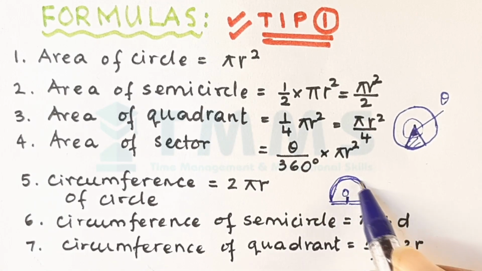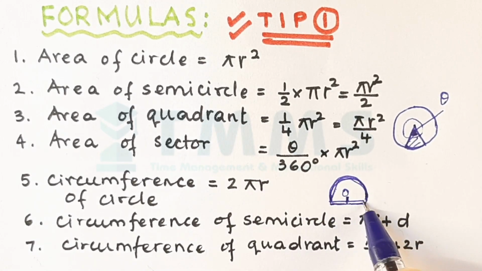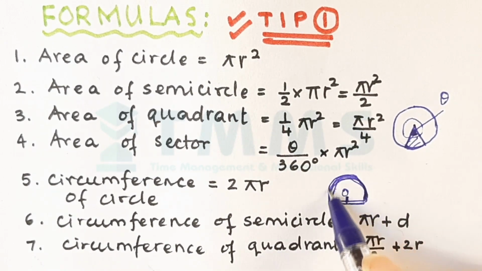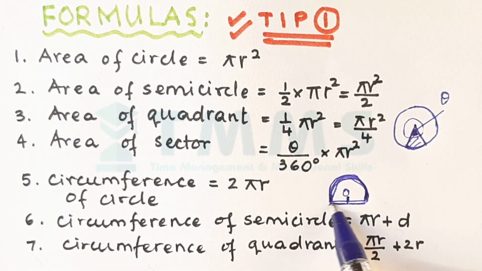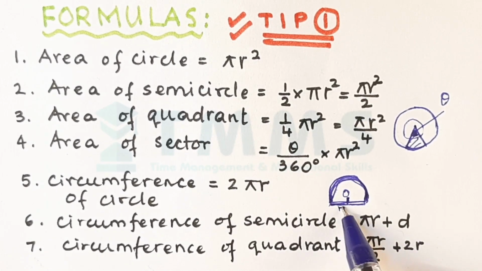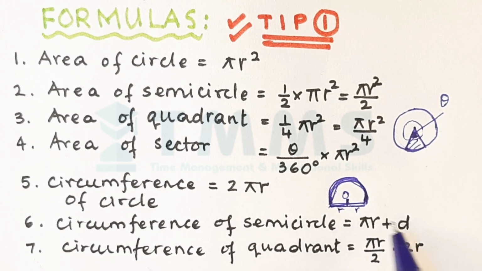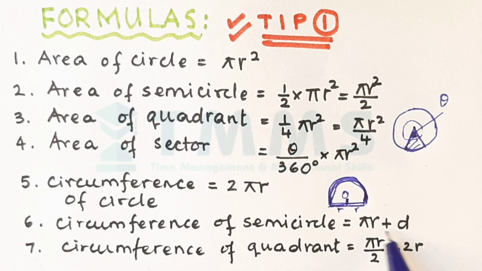So if we go right round like so and like so, come back. So we travel the arc of the semicircle and plus this boundary, this is r, and r means it is diameter, and so we say it is pi r plus d. Now even if you don't remember this formula, it's fine. You just draw the diagram and go right round.